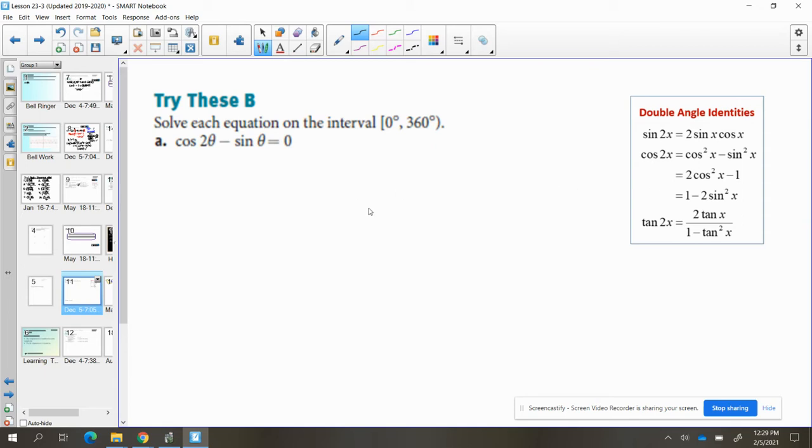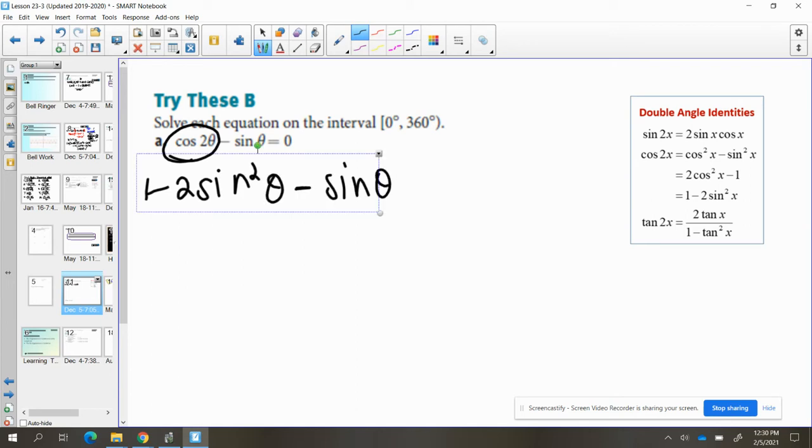So we're going to make the substitution so that we have 1 minus 2 sine squared theta minus sine theta equals 0. I'm going to bring everything over to the right-hand side to keep my squared term positive, because I like to keep that positive, because chances are when I add that over to the other side, I'm going to need to factor.